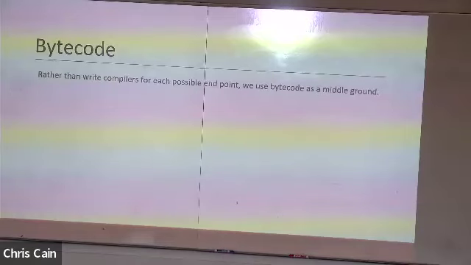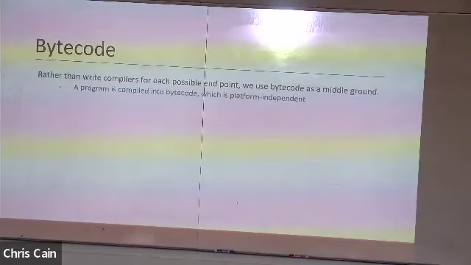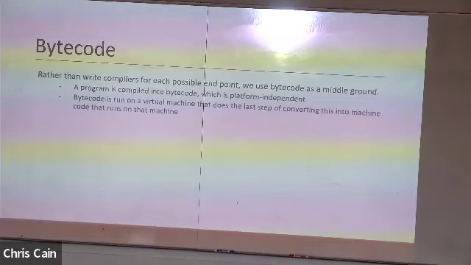That's its big benefit as a language: you can write a Java program and it will run on any operating system you attempt to run it on, because of this bytecode system that has an easy conversion down into any particular architecture. The bytecode itself is platform independent. So the bytecode is run on a virtual machine. The virtual machine does that last step of converting it into machine code that runs on that machine.